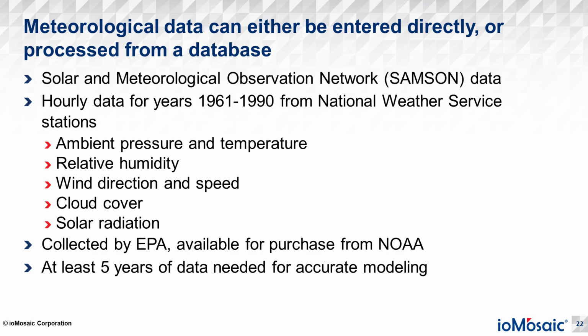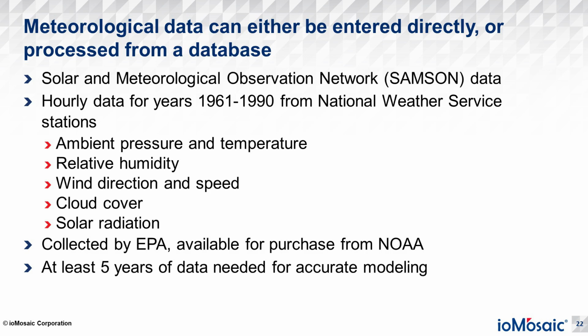And then in terms of meteorological data, we can either enter that data directly, or we have the option to import it from a database. So one example of importing meteorological data from a database would be the Samson data, which is collected by the EPA, and you can purchase it from NOAA, National Oceanic and Atmospheric Administration.